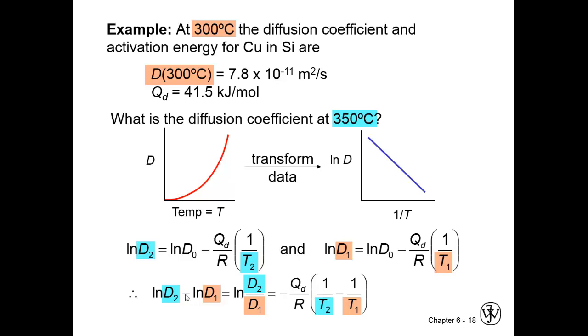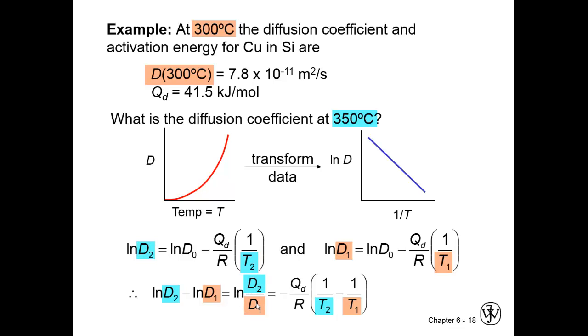So this minus this is the same thing as natural log of D2 minus natural log of D1, but using the properties of the natural logs, that's also the natural log of D2 over D1.